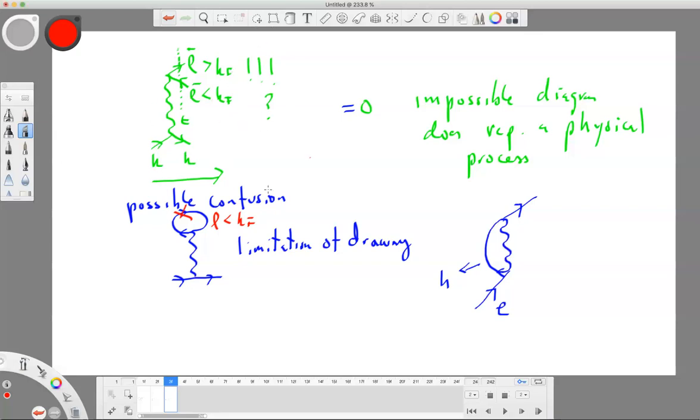And I'll show you full diagrams to illustrate these cases more clearly. Again, this is a hole, so this is an intermediate momentum L, and this momentum is smaller than Kf, while these here, if I label this with K, represent K greater than Kf.